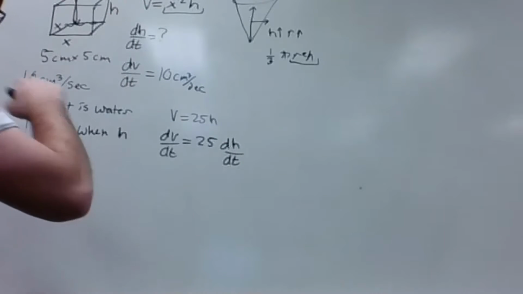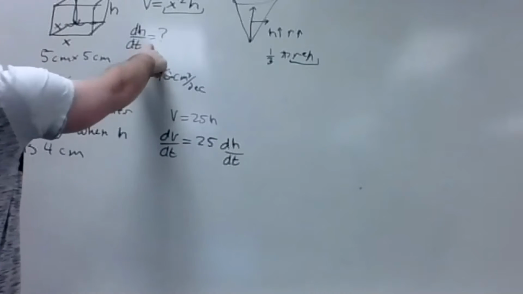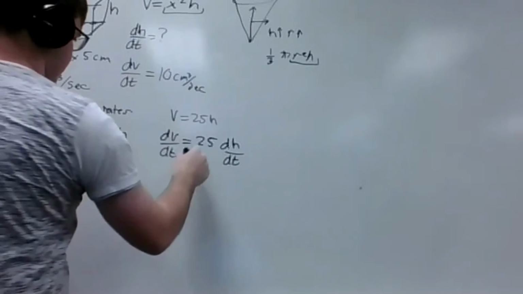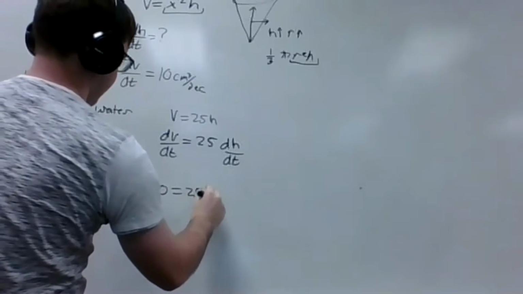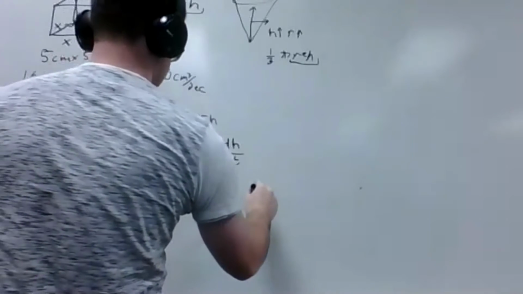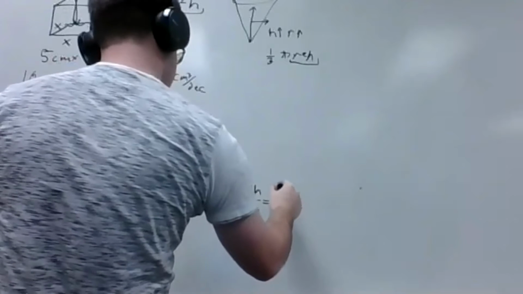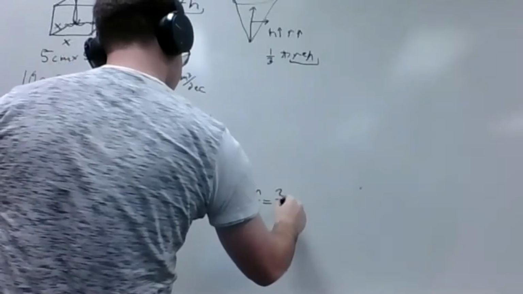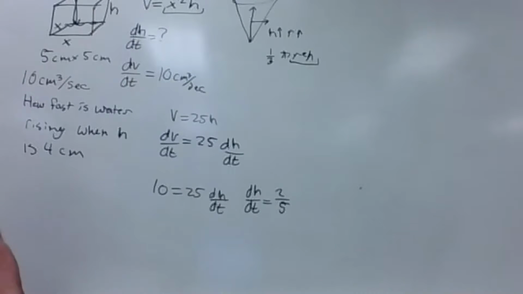And then we have to solve for dh/dt because that's what we're looking for, right? So we'll plug in our numbers now. So 10 equals 25 dh/dt. So dh/dt is equal to 2/5. Does that make sense how we got there?